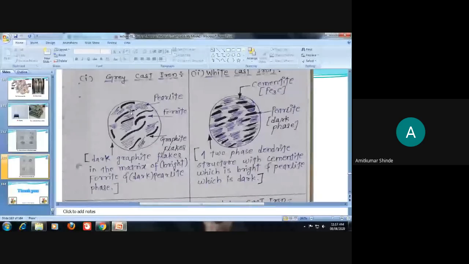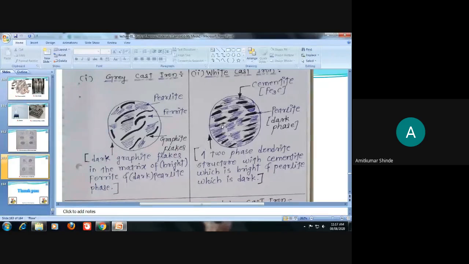Graphite will be present in the form of flakes, and in the remaining portion the bright phase will be ferrite and the dark phase will be pearlite. In white cast iron only two phases are there, the dark phase is pearlite, and the white or bright phase is cementite.